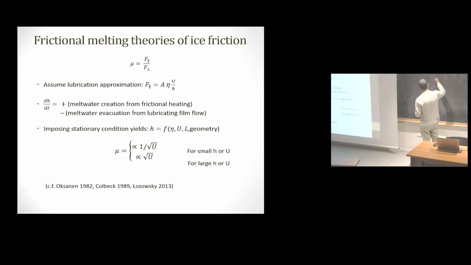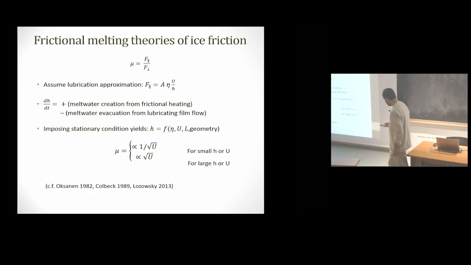That's the power. It's going to be the force, the lateral force, times the speed at which you are moving. So that gives you a rate of heat dissipation into the ice, sorry. And then you divide this by the latent heat per molar mass, and what you have is the amount of mass that is being melted as you slide.